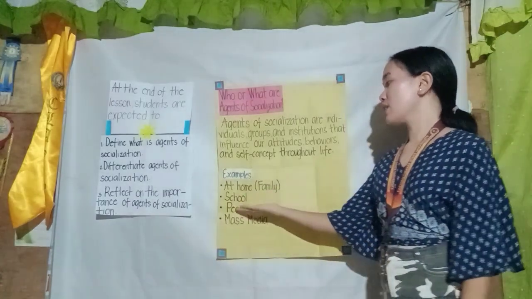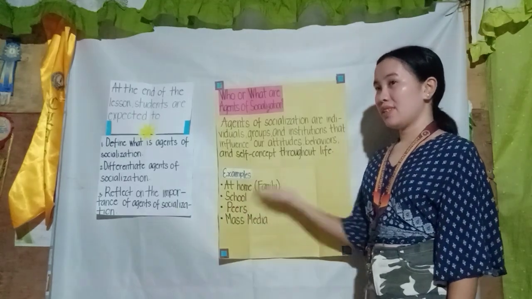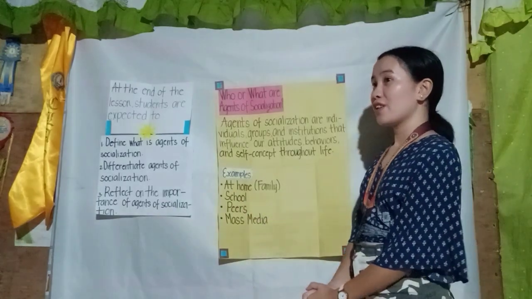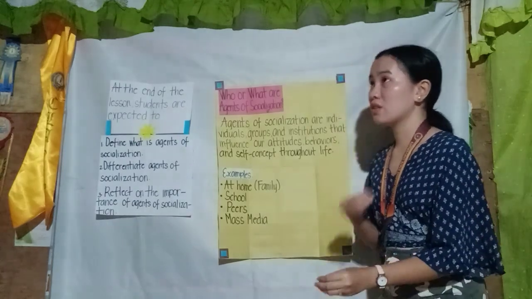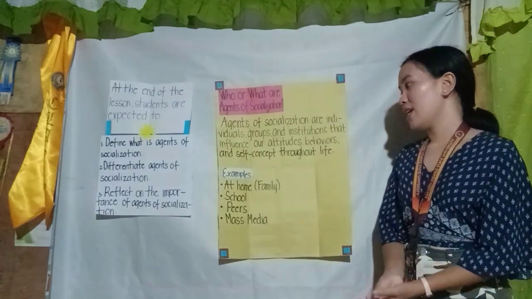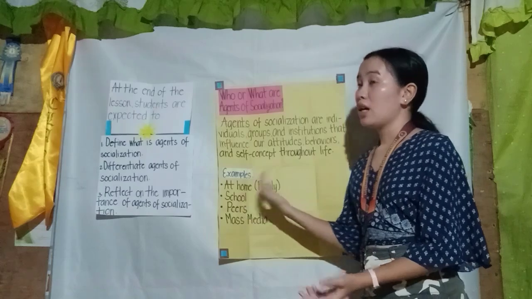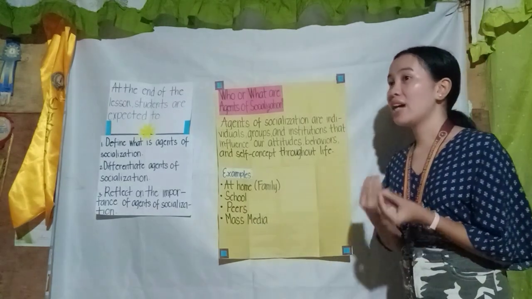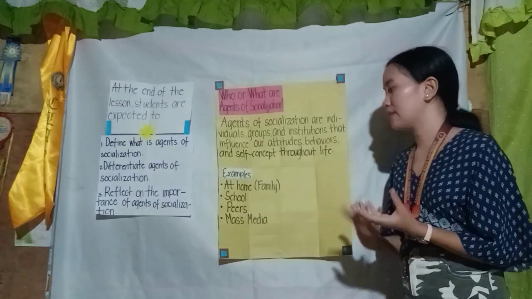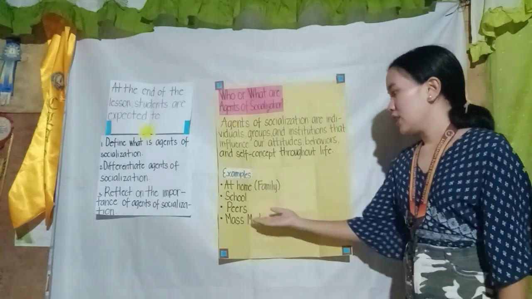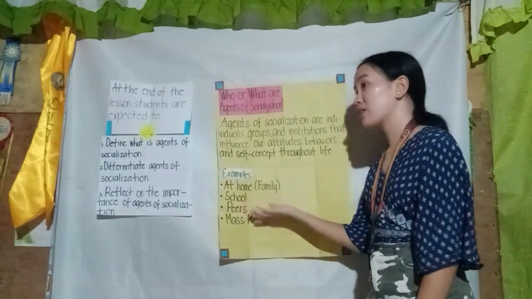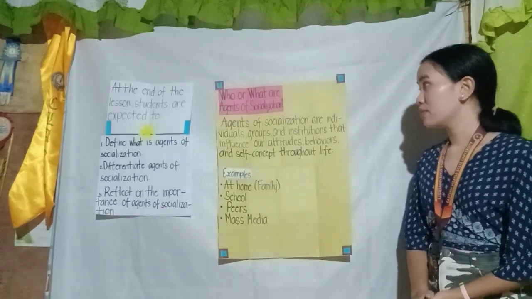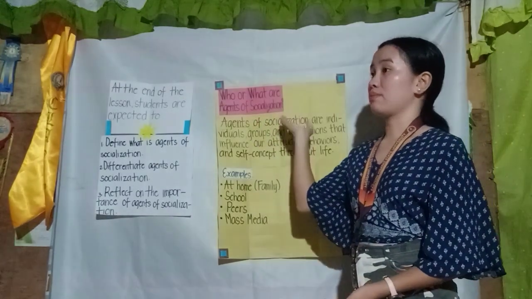The next is school. School is the place where we learn new knowledge or skills, and school also helps teach us to have a good attitude. Peers. Okay, peers. We all know that peers are also agents of socialization.